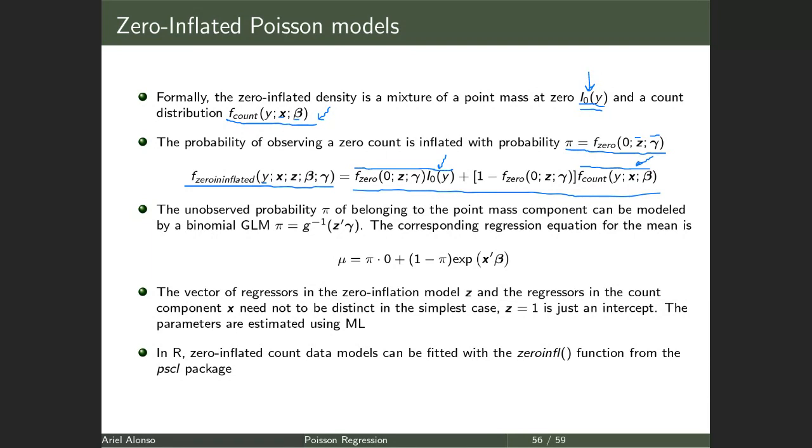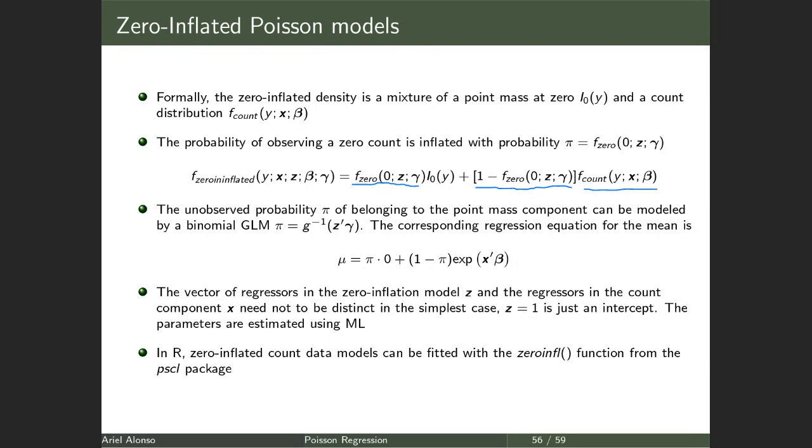Essentially, this is the probability that the individual will be in the group that always has a response equal to zero. And then, of course, 1 minus that is the probability that the individual will be in the group that follows a Poisson distribution.